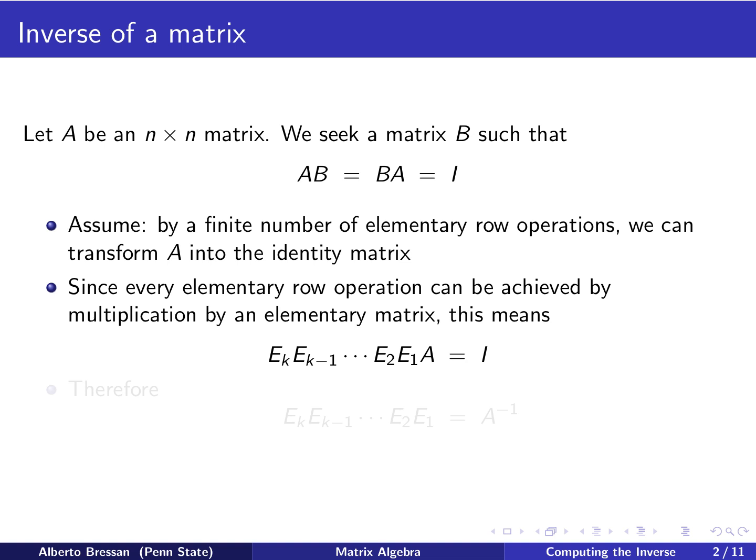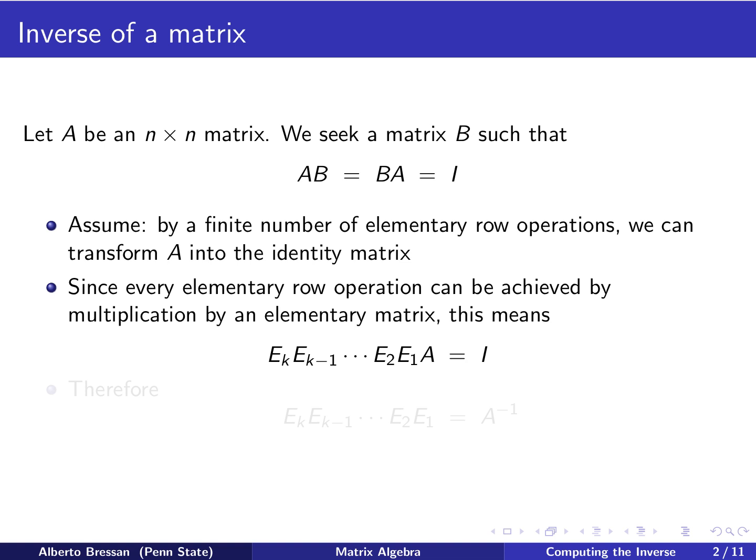Okay, so now we use the concept of elementary matrices. Every elementary row operation performed on A can be achieved by multiplication by an elementary matrix on the left. Let's say the steps you had to take can be represented by elementary matrices E1, then E2, all the way to EK.